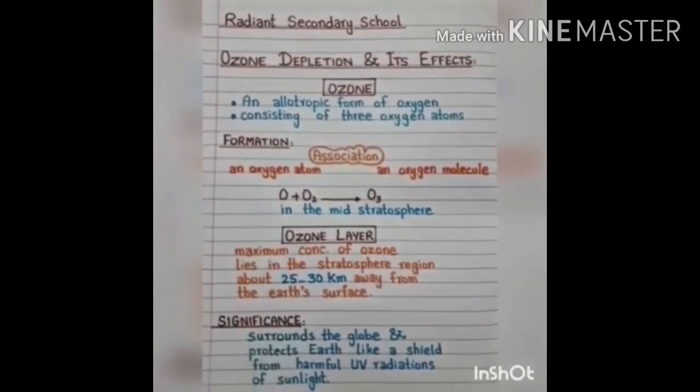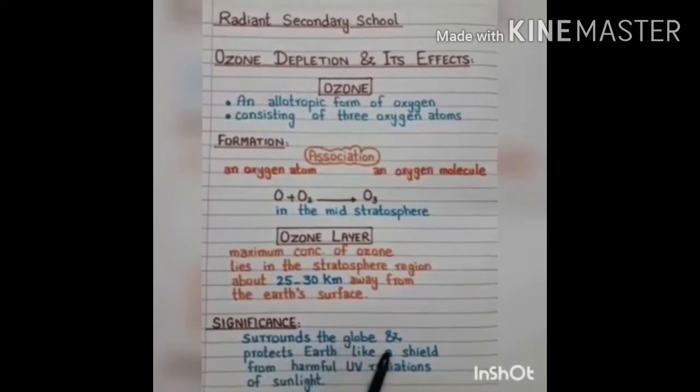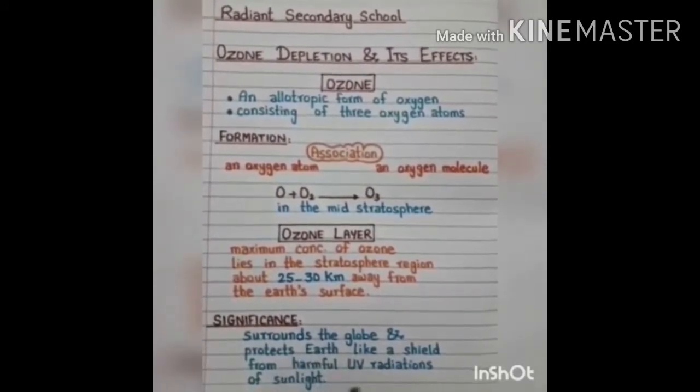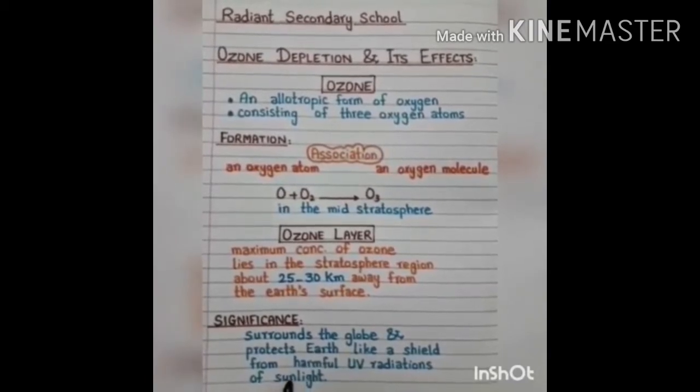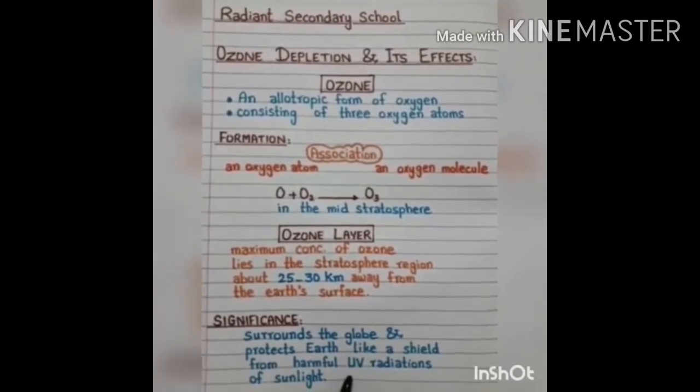Ozone layer is very important as it surrounds the globe and protects Earth like a shield from the harmful UV radiations of sunlight. Shield is something which is used for protection, and ozone layer protects us from the harmful UV radiations. That's why it is very important for life on Earth.